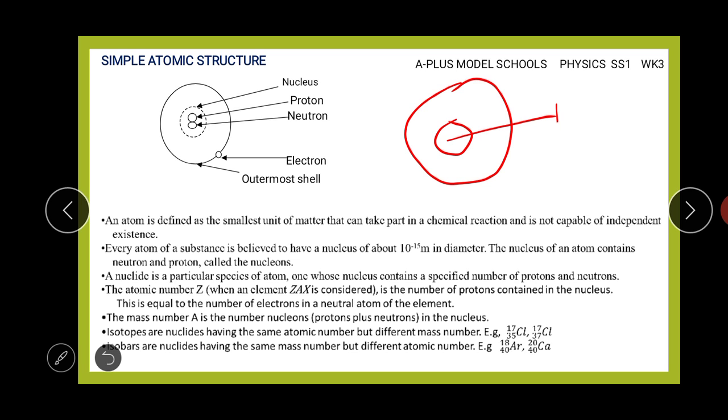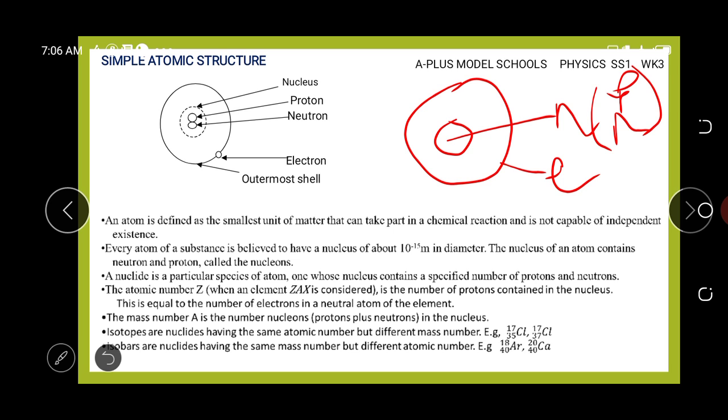So this is more or less the nucleus, and this is the electron. Inside the nucleus, we have the proton and the neutron.